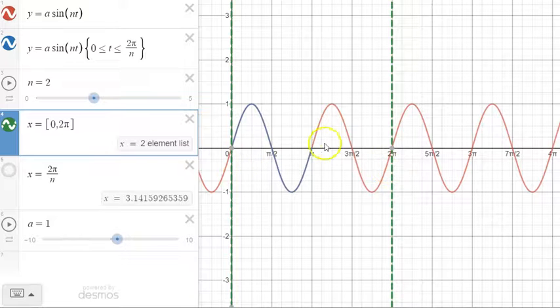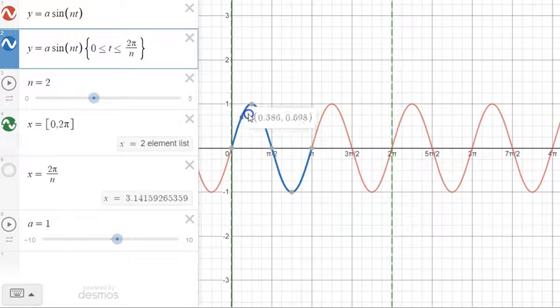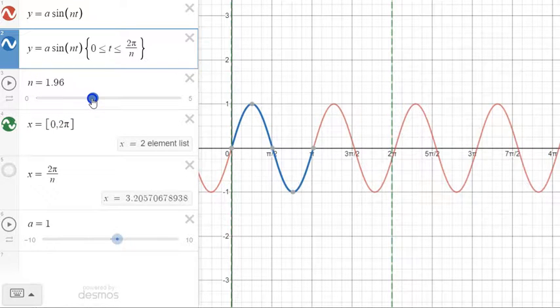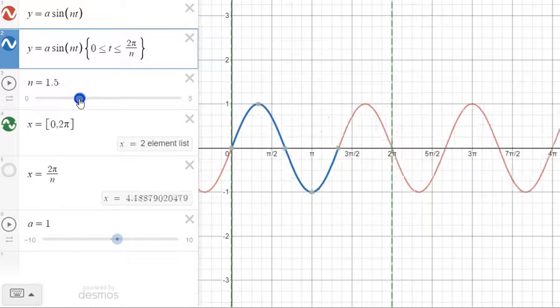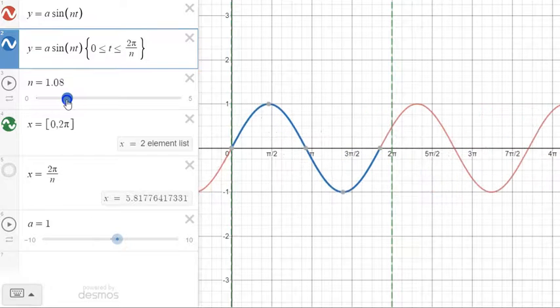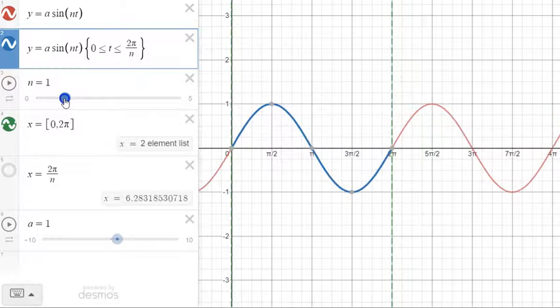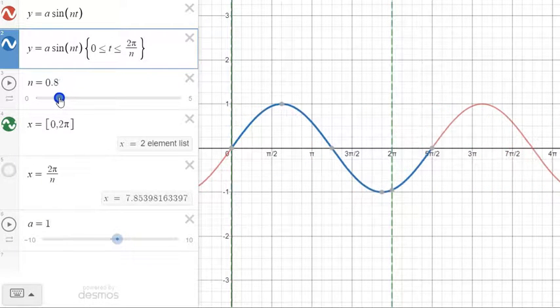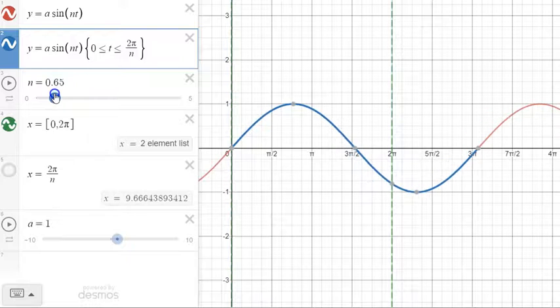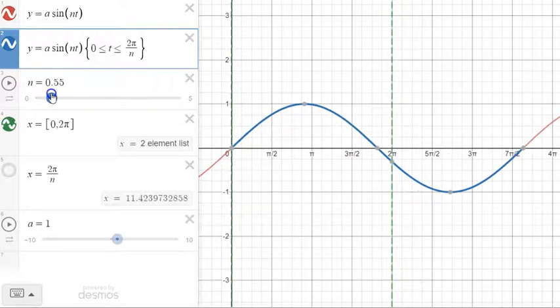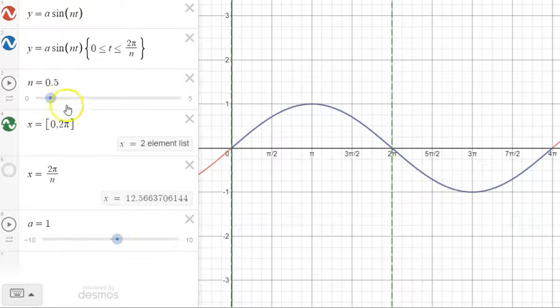So over 2 pi radians, we can fit in 2 repetitions of the pattern. And by decreasing n below 1, we can stretch it out so we get less than a full cycle within that 2 pi radians.